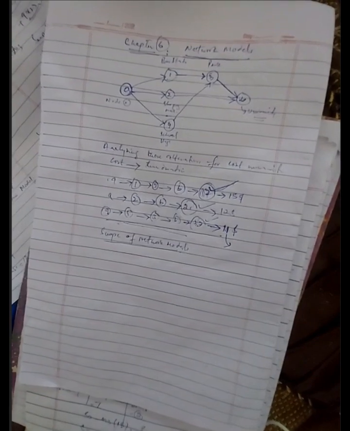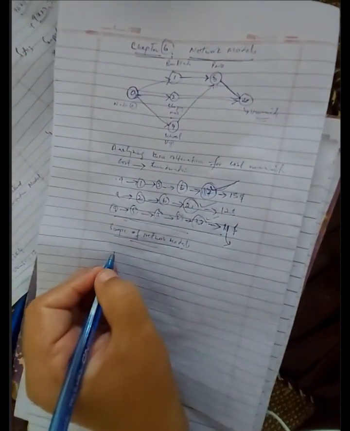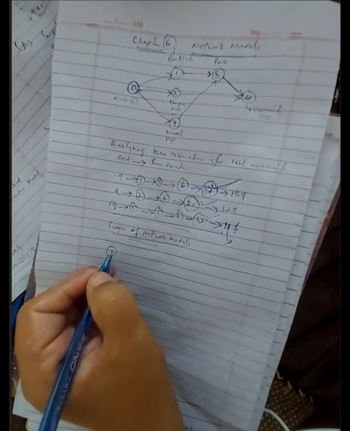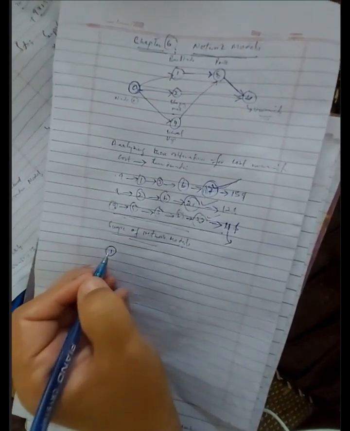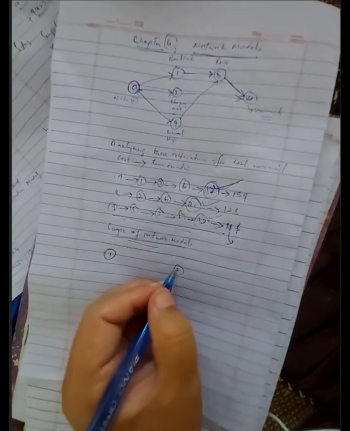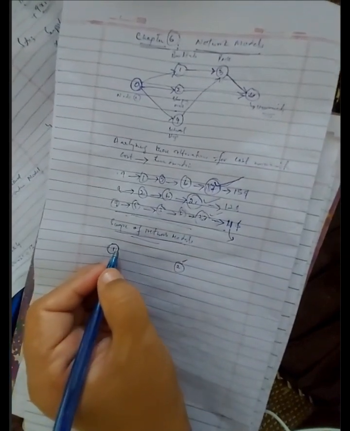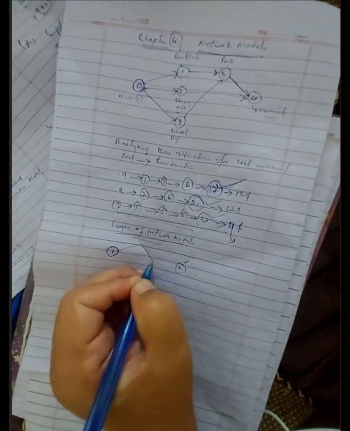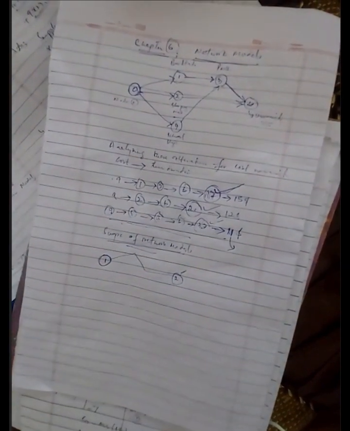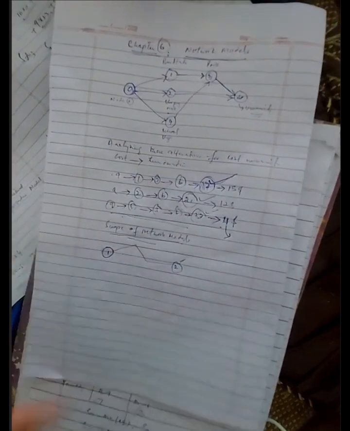So what you want to do is, for example, this is the point where the offshore well is, and here is point 2, where you want to get the gas. Then you must design the network in a certain way that it gets there in the minimum time. So this is one of the scopes of the network models.